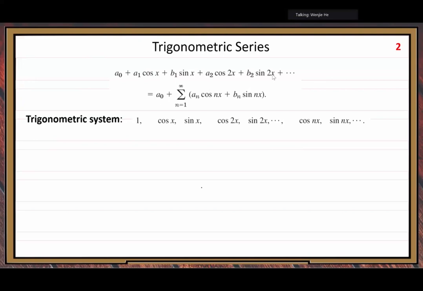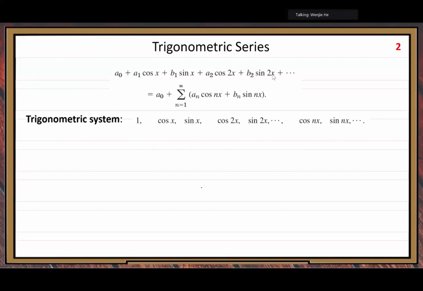This set of functions has special properties. First, they are linearly independent. All these functions are linearly independent. You can calculate the Wronskian if you want: you select any of them, calculate the Wronskian, and it's non-zero.